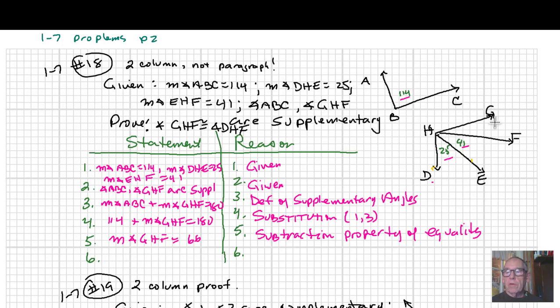Okay, so we got GHF is 66 degrees. Put that in there. Now, we see before that these two angles also add up to 66 degrees. We need to bring that up. So we need to say that measure of DHE plus measure of angle EHF equals 66 degrees.